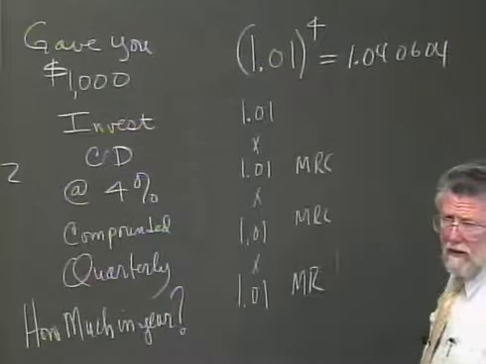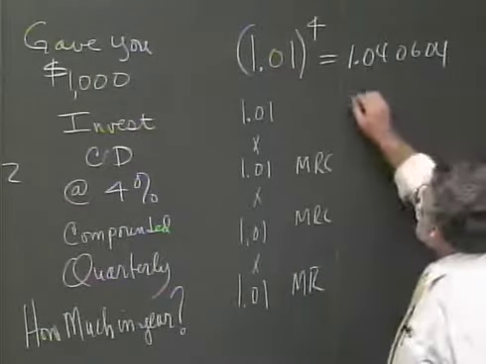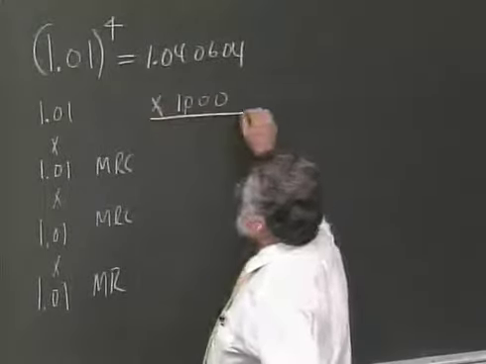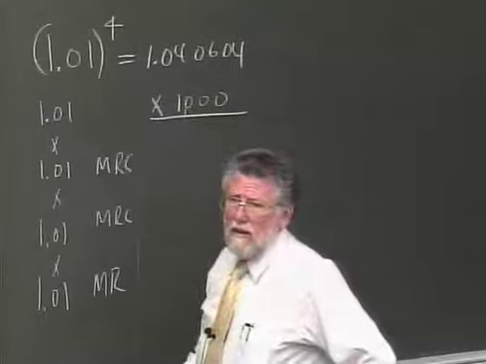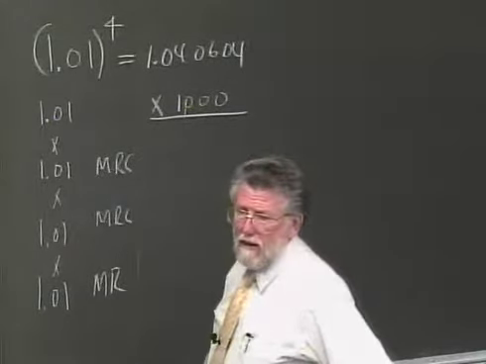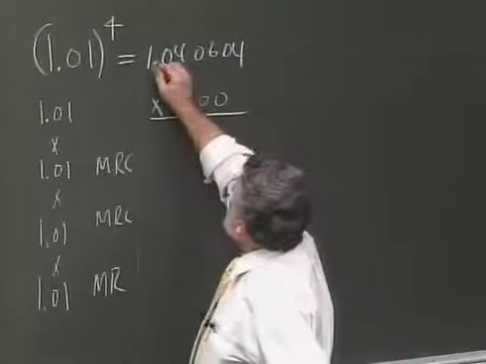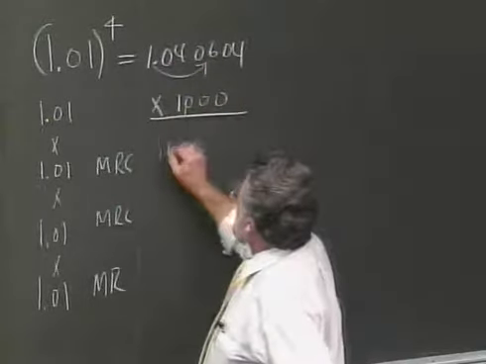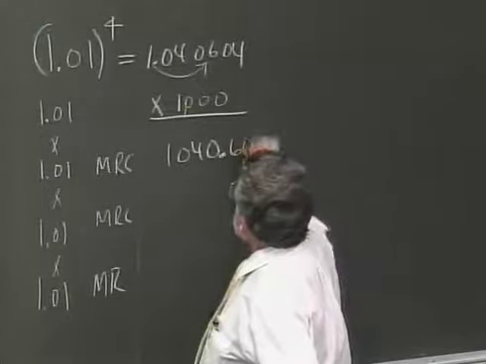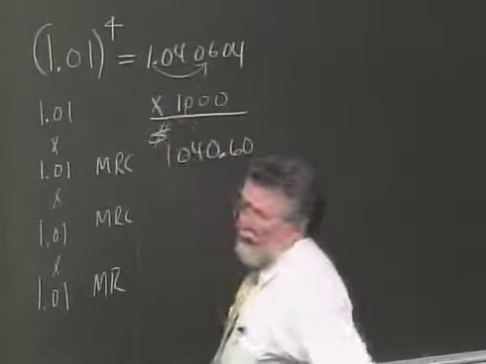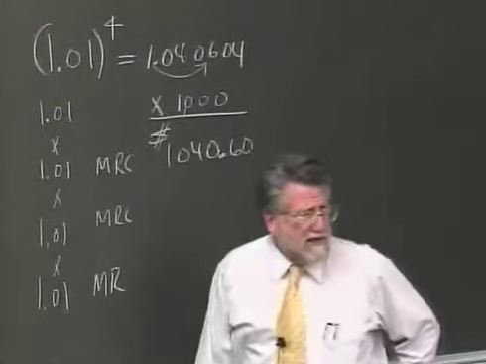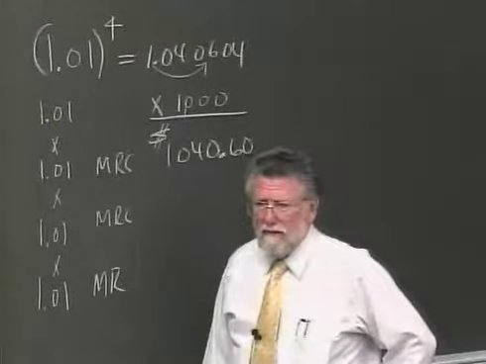What am I going to do with that number? Multiply by 1,000. That's what I invested. So that moves the decimal 3 places to the right. Agreed? So if I move it 3 places to the right, it comes over here. So I have 1040.60. So next Christmas, I now have $1,040.60 in the bank.